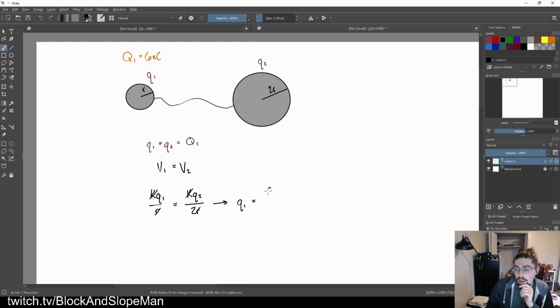Q1 is equal to 1/2 of Q2, or Q2 is equal to 2 times Q1. Go back up to my equation in this burgundy kind of color. Q1 plus 2Q1 is equal to 6 nanocoulombs. Q1 is going to have 2 nanocoulombs. Q2 will have 4.